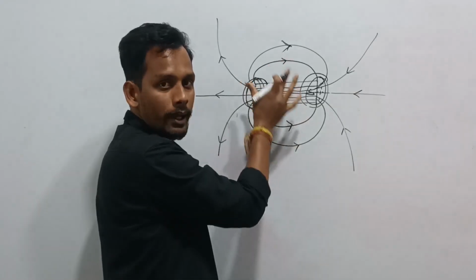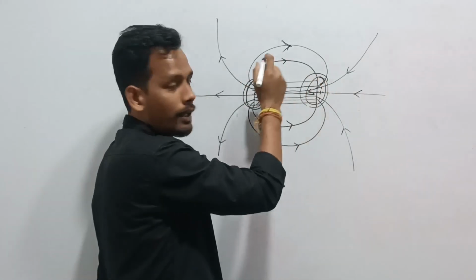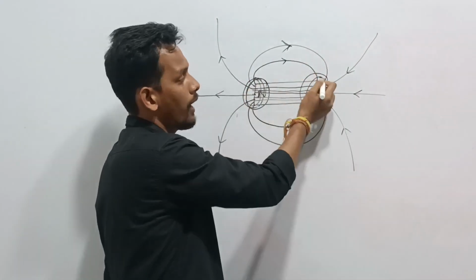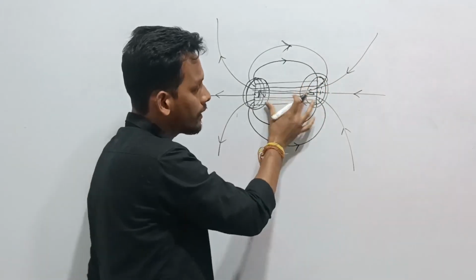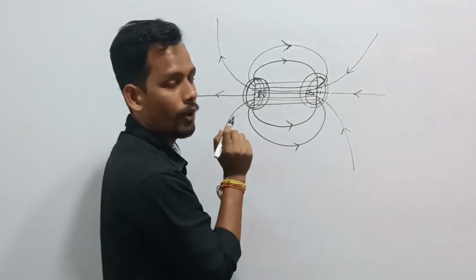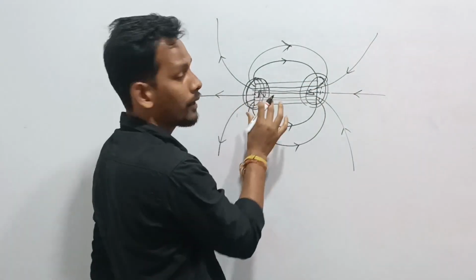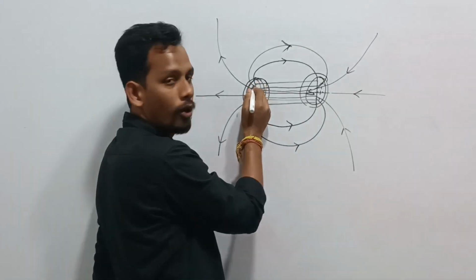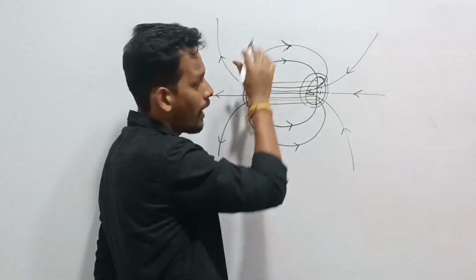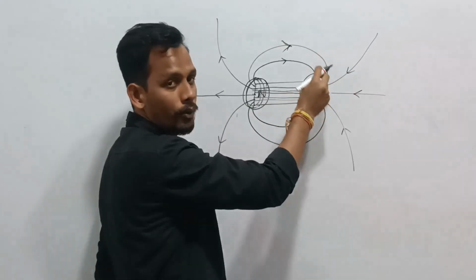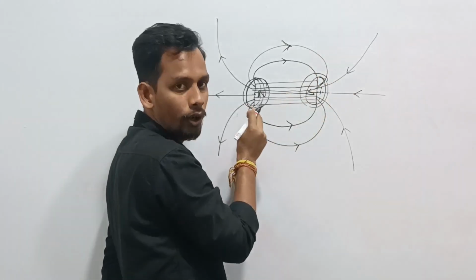The direction of the magnetic field outside the bar magnet is from north pole to south pole, and inside the bar magnet, the direction is from south to north. So the first property is that outside the bar magnet, magnetic field lines are directed from north to south, and inside the bar magnet, from south to north.